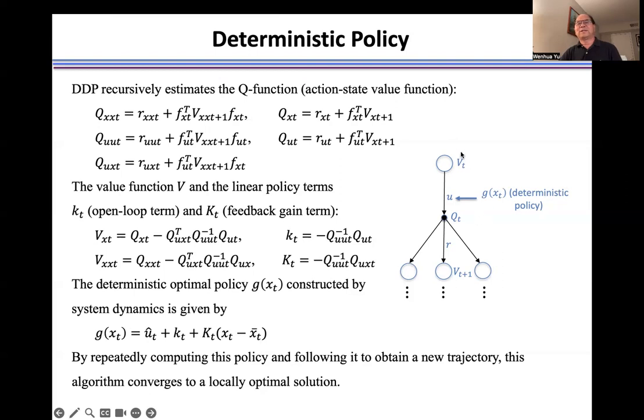That means from this state, we select the action U with this deterministic policy, and then we reach this Q value. So and so on, we generate samples. These samples are used as guiding samples for policy search.